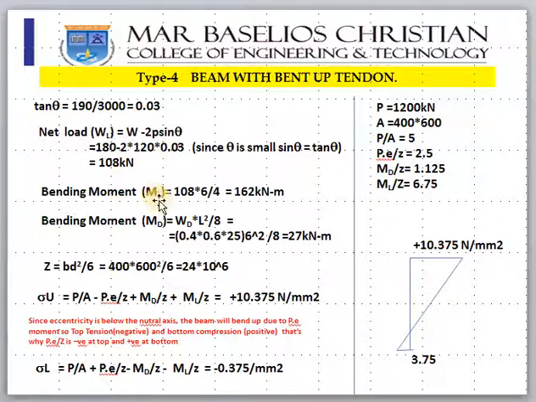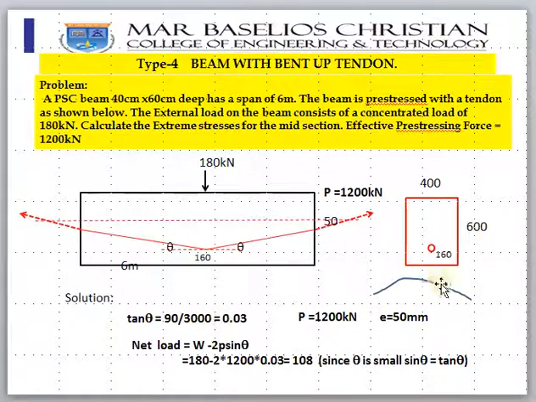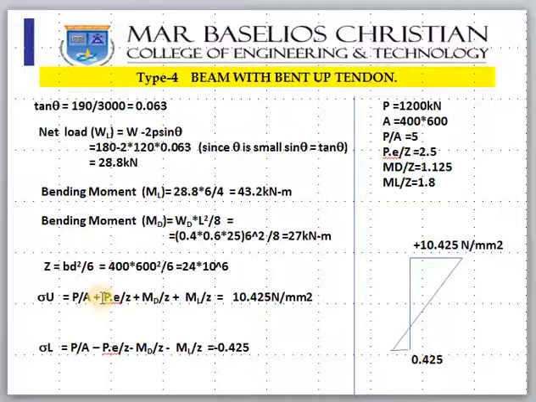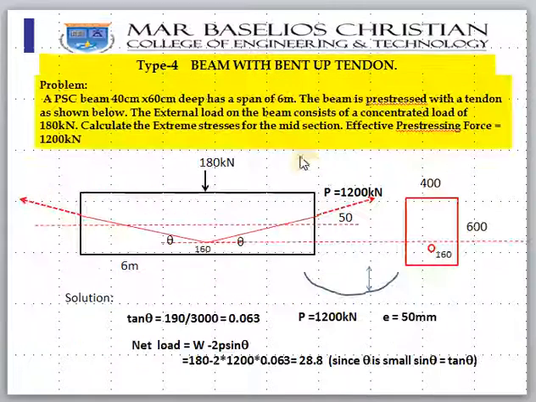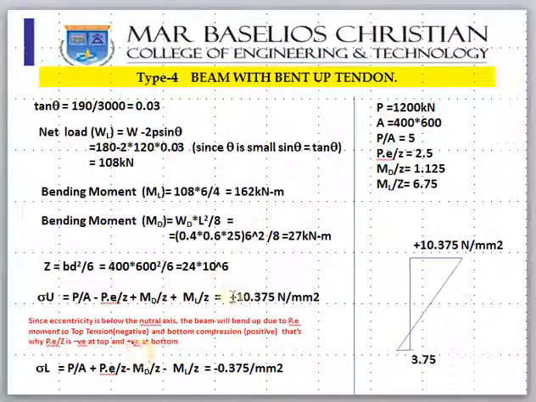Bending moment ML, WL by 4, you will get. Bending moment due to dead load is WL square by 8, Z is BD square by 6, and sigma U is equal to P by A minus PE by Z. The reason is that it bends like this. In the previous case it was plus PE by Z because the eccentricity was above the neutral axis.